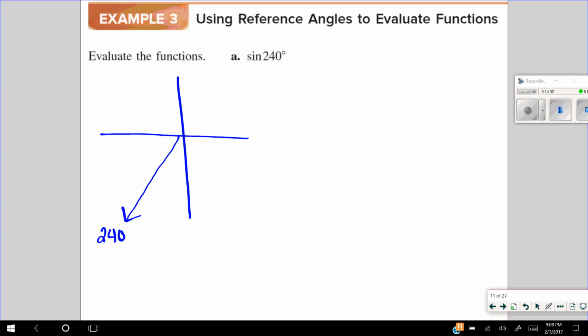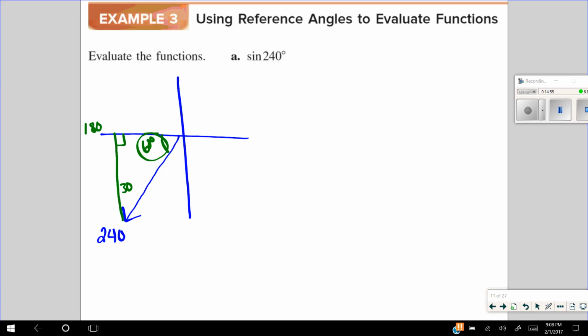So that means connecting back to the x-axis and figuring out what your reference angle right here, theta, is. So between 180 and 240 is 60 degrees. So you're going to use 60 degrees as your reference angle. That automatically makes the other angle in the triangle 30.